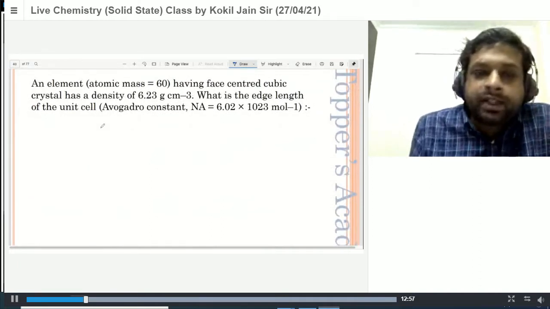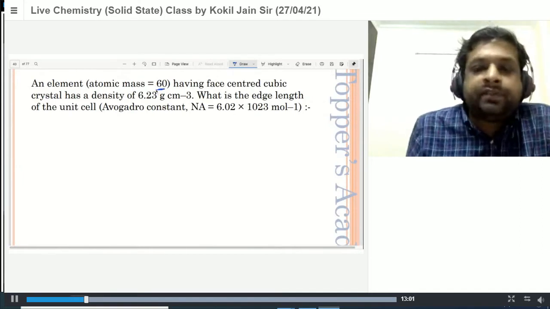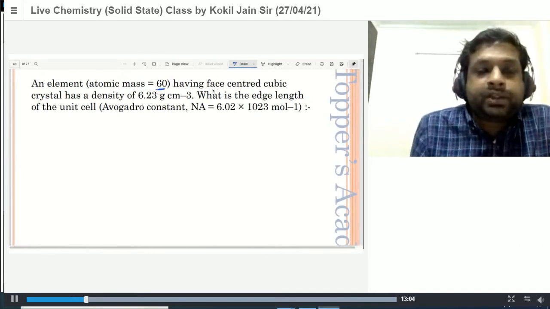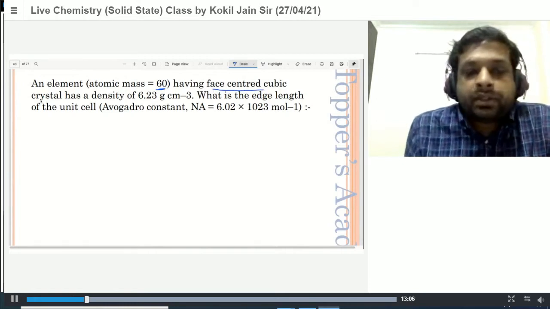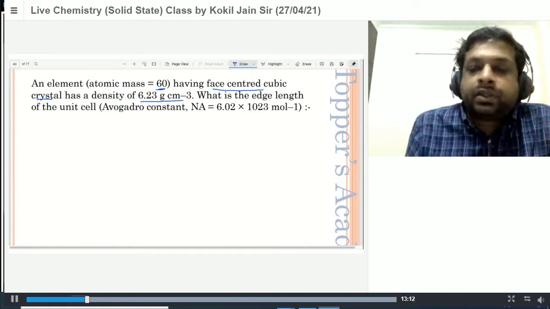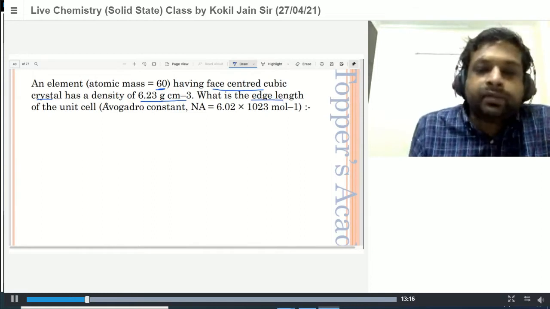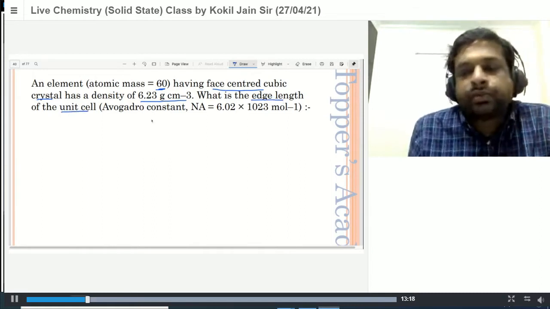An element having atomic mass of 60 has a face-centered cubic crystal and a density of 6.23 grams per centimeter cubed. Now they have asked what is the edge length of the unit cell. Avogadro constant has been given to you.